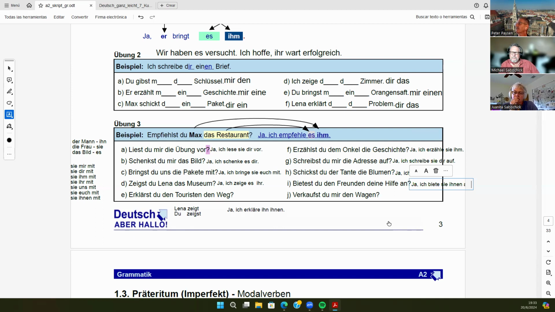I guess we ran out of room here. Ja, ich biete sie ihnen an. Yes, I offer it to them.